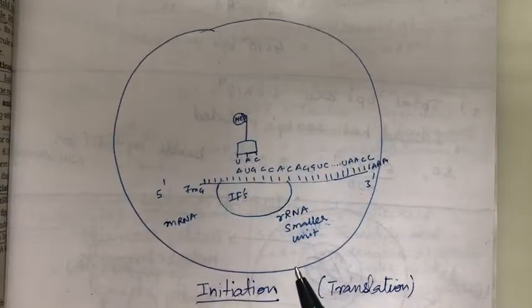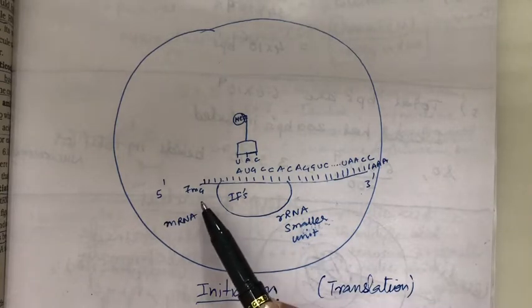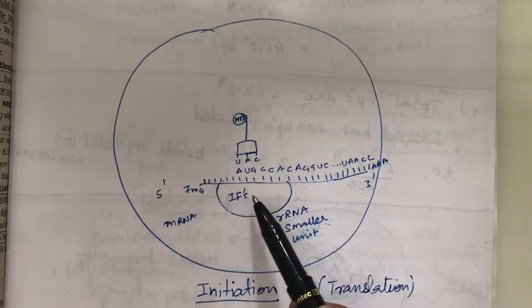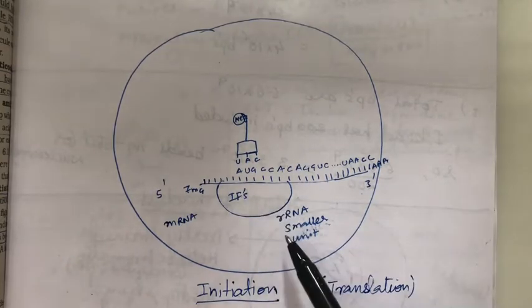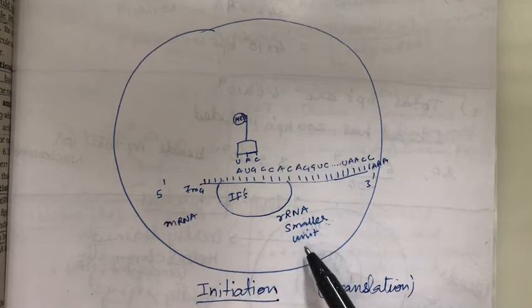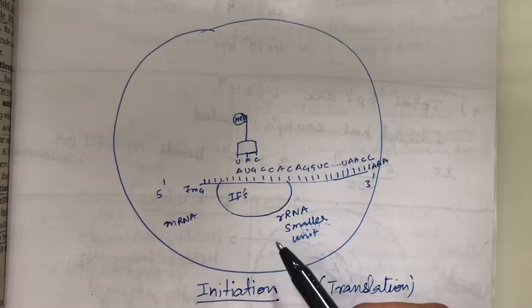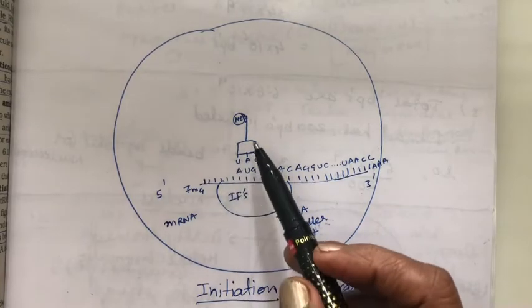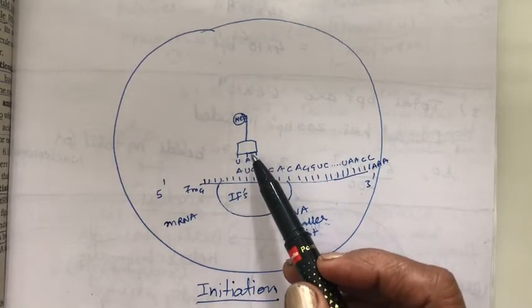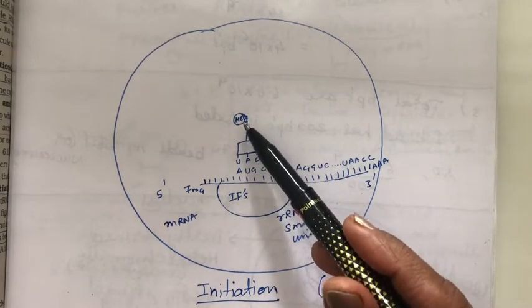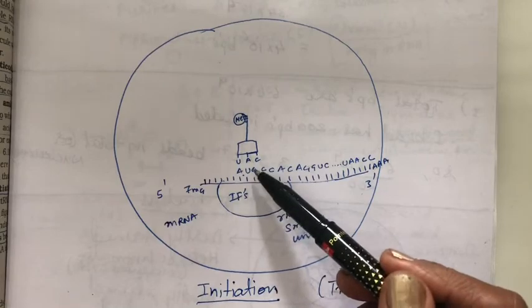The first step of translation is called initiation, and during this process there will be a messenger RNA, the decoded message from the DNA. There will be the smaller subunit of rRNA that will act as the site and the factory for protein synthesis, and one of the charged tRNAs that carries methionine, because this is the initiating codon, the AUG start codon.